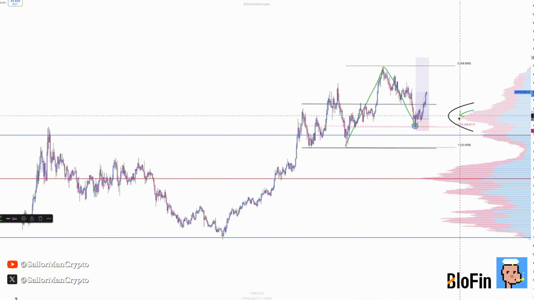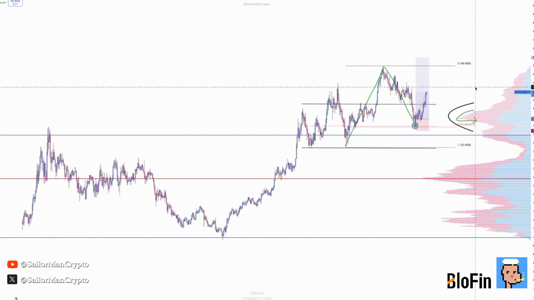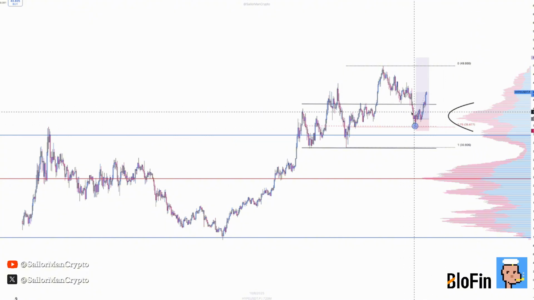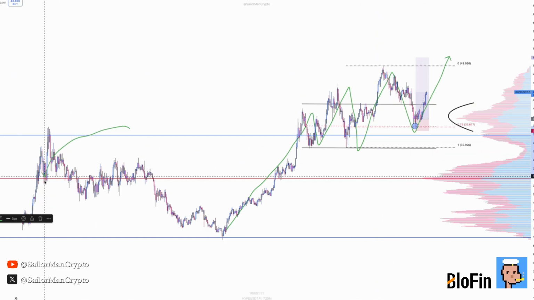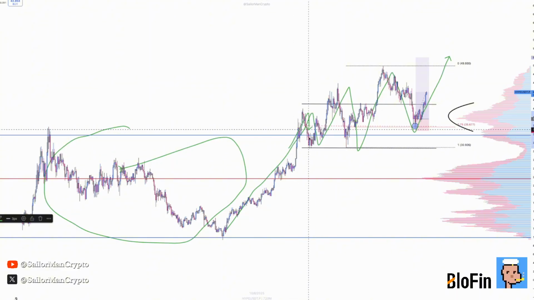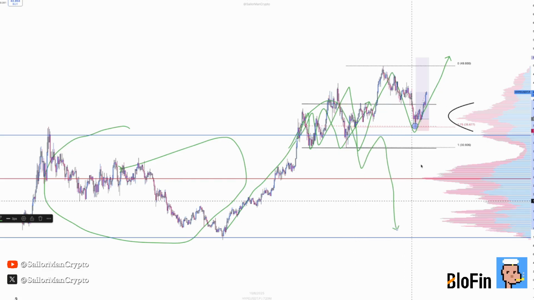Second, this volume node was again aligned there along with the support, with these lows, and was defended by the price action. So what I said to myself: this is a good area to try a long, because everything here looks bullish, the structure is bullish. This old consolidation has been retested a few times and is holding, so we are probably not going to deviate back inside this range.